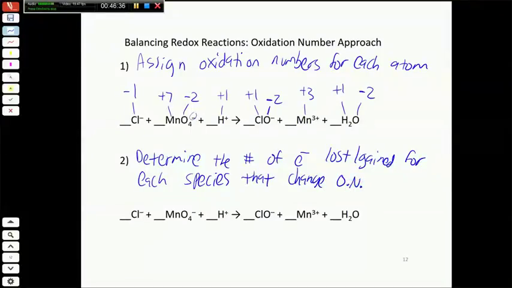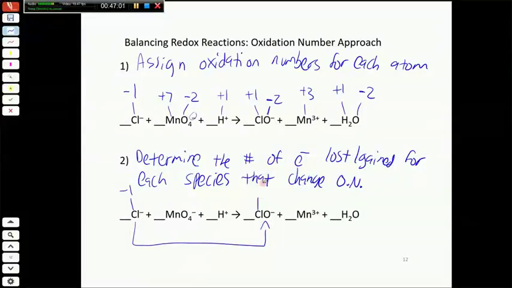So what we see is, if we look at the oxidation numbers that we assigned up here, Cl minus goes from minus 1 to plus 1. Okay, so that's changing. And the number of electrons that is lost or gained is equal to the difference in the oxidation numbers. So if we go from minus 1 to plus 1, how many electrons is that?